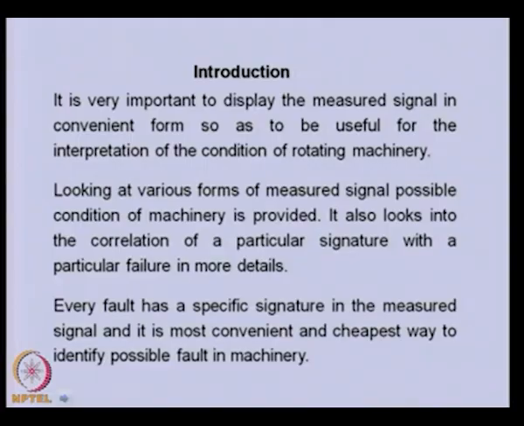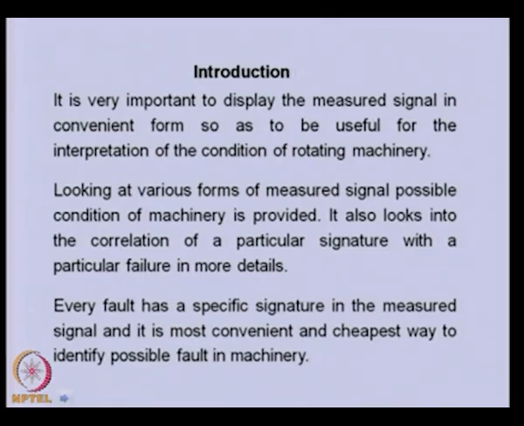Generally we capture the signal through some sensor, and whatever signal comes in analog form, we convert into digital form using an analog to digital converter, so that we can store the data in a computer and do post processing. Either we can convert the time domain data into the frequency domain or any other domain in which these signals can be interpreted. So, we will start the introduction to this particular topic.